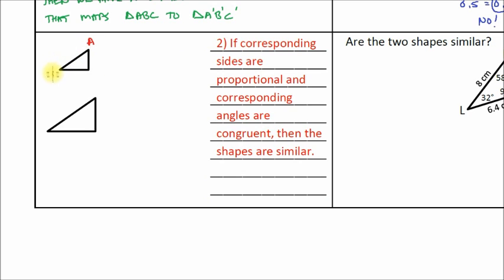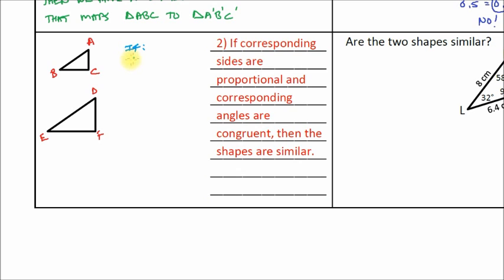Let's label this as A, B, C, and let's call this one D, E, F. And if we want to know if these two are similar, here's what we have to prove. We'd have to say, okay, so first angles. We're going to assume these are not rotated, so we're going to match up corresponding vertices.